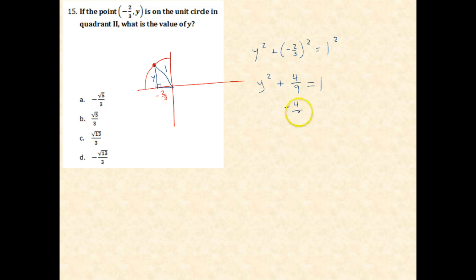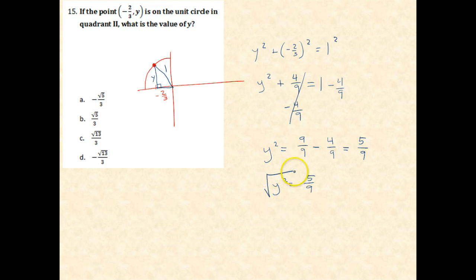Subtract 4/9 from both sides, and I get y squared equals, let's see, 1 is 9/9 minus 4/9 equals 9 minus 4 is 5/9. So we get y squared equals 5/9.